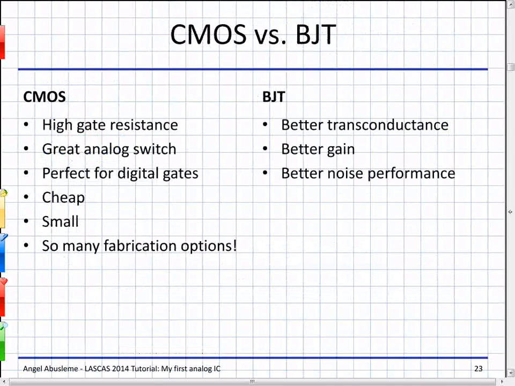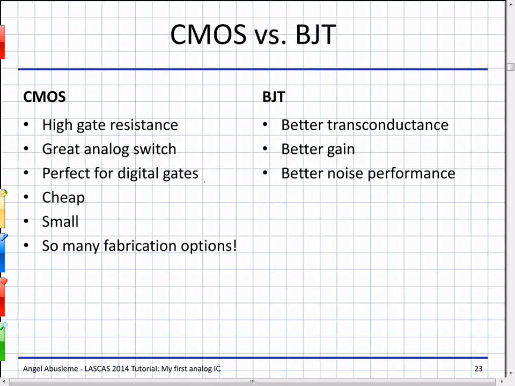So this is a first order comparison between MOSFETs and BJTs. CMOS has a high gate resistance. The BJT doesn't have that very high gate resistance. CMOS is a great analog switch, right? It's great for switch capacitor circuits and that kind of technologies.